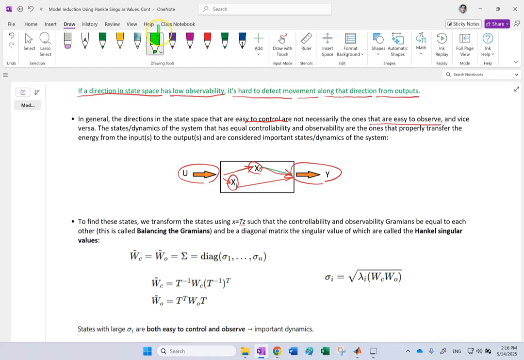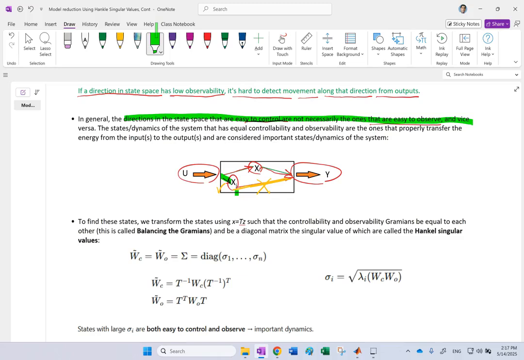Some states, it's quite a bit easy to control them, but it's not necessarily easy to observe them, okay? So not all states are the same in terms of being controllable and observable. Some states are kind of equal ease for both of them. Some are one quite a bit dominant compared to the other one.